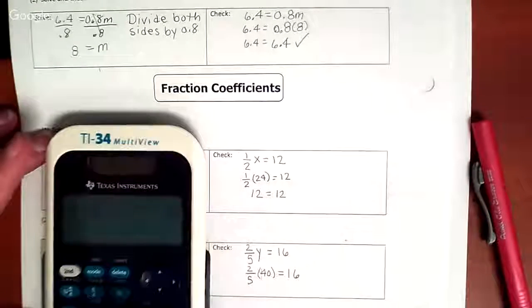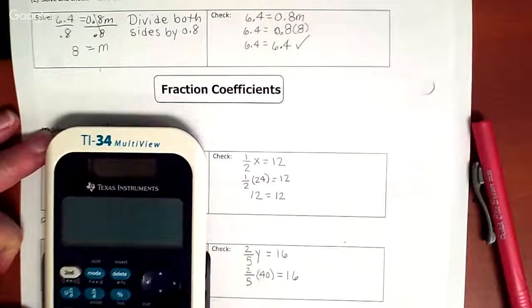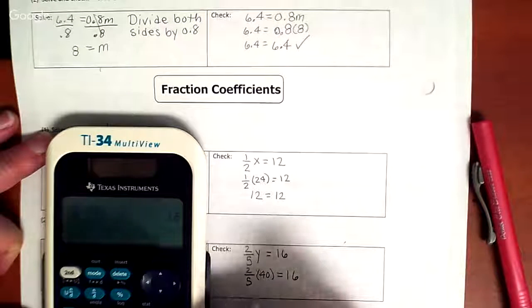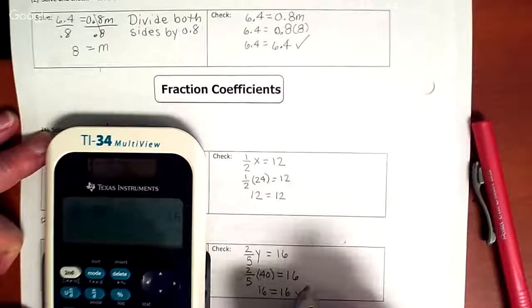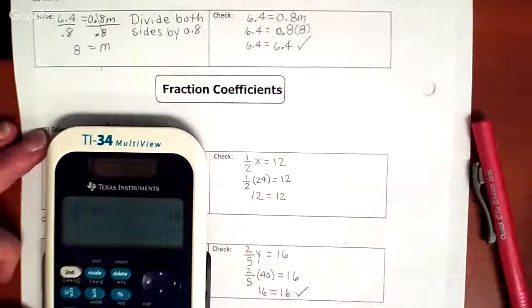So now let's put that in our calculators. Okay, we have 2/5 multiplied by 40. Let's see what that equals. That does equal 16. And our answer checks. And that ends our lesson.